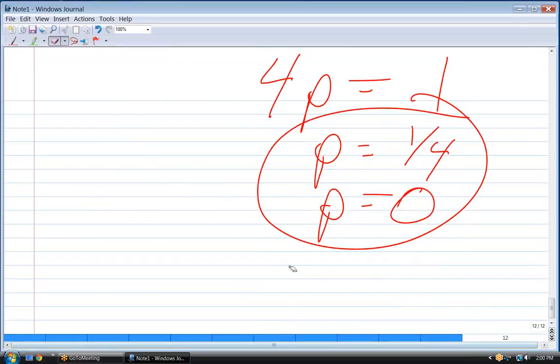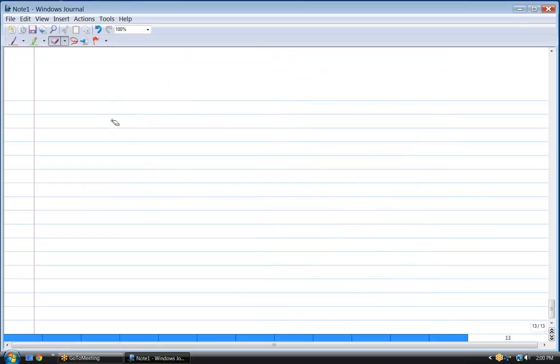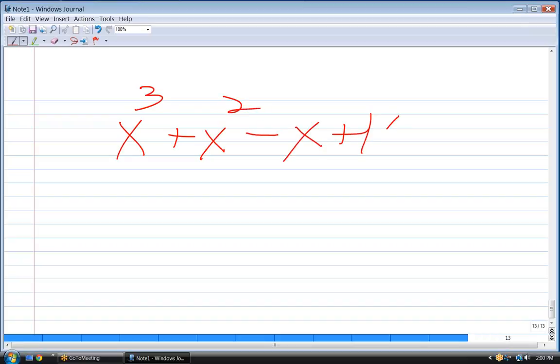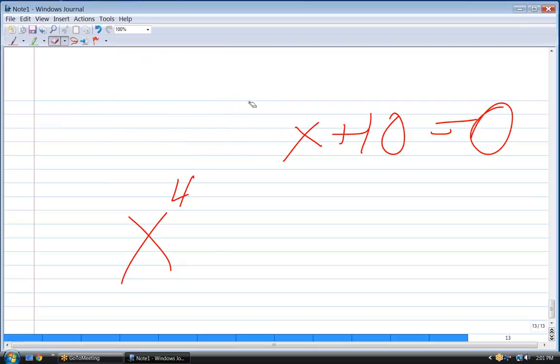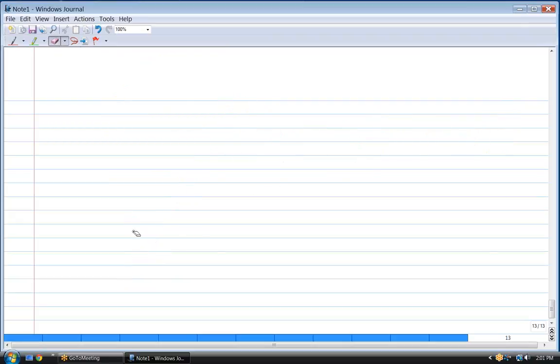If I said x to the third plus x squared minus x plus 10 equals 0, I would expect 3 solutions here. Why? Because it's a cubic. Quartics, 4 solutions. So a polynomial has the same number of solutions as its highest degree.